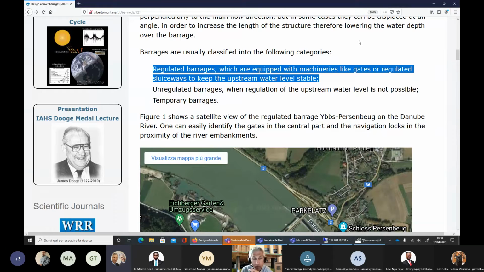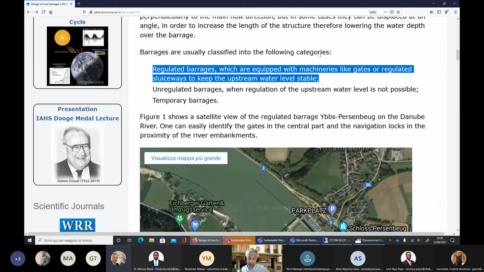Usually, there is a difference between the weir and the sluiceway, meaning that the sluiceway is a window in the structure, with the top part of the window submerged by water.